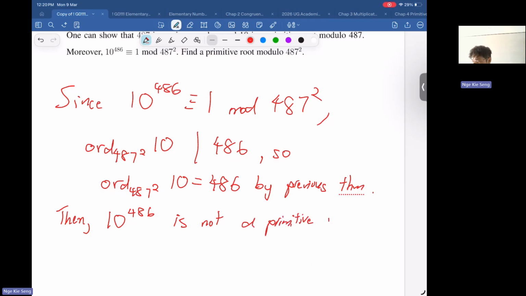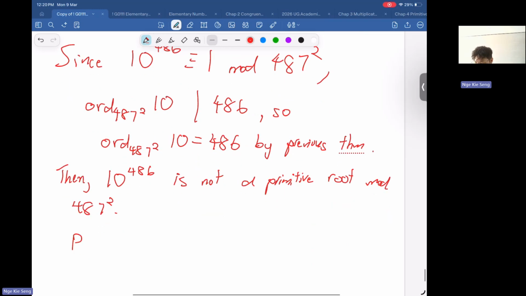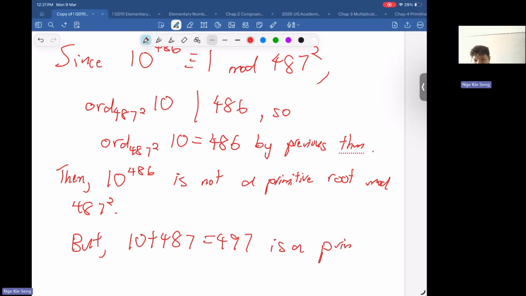But how do we get a primitive root by the previous theorem? We just need to add p to it. Then 10 plus 487 would be a primitive root. Maybe a bit hard to check, but if you like, you can check it. Otherwise, if I get a chance, maybe I can prove it to you next time.